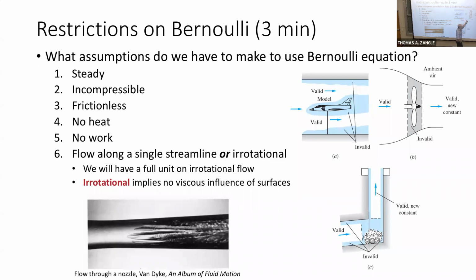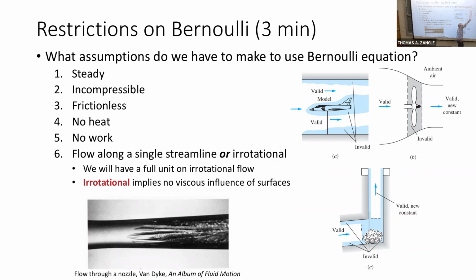Same thing if we have some kind of a duct at relatively high speed, with a turbine sitting within that duct. We'll often be able to use the Bernoulli equation upstream of this turbine blade, and again downstream.